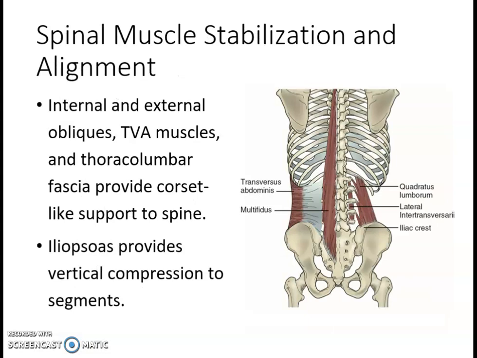It is these four abdominal muscles which contribute towards the spinal stability, along with many other muscles, but anteriorly, these are the four abdominal muscles that actually provide the support, especially corset or lumbar belt kind of support.